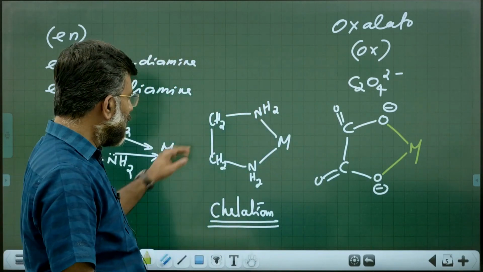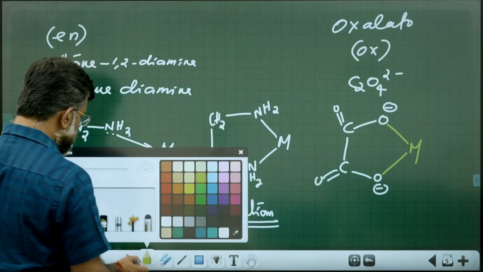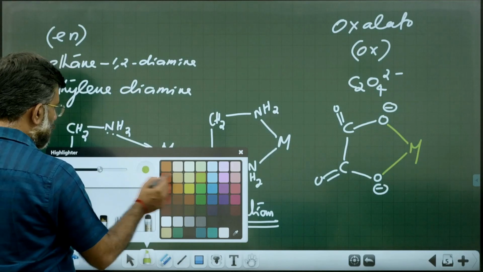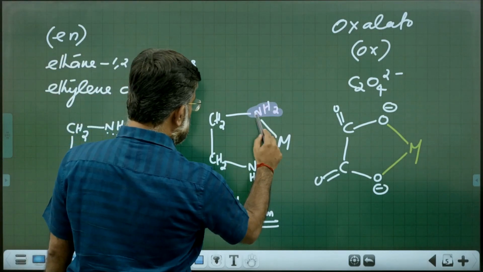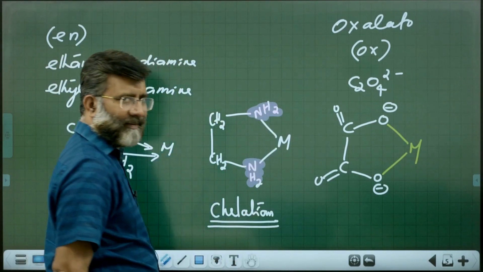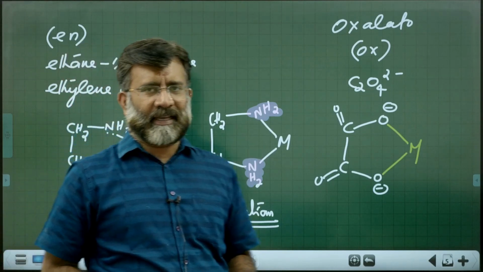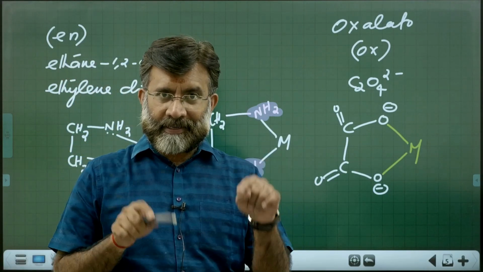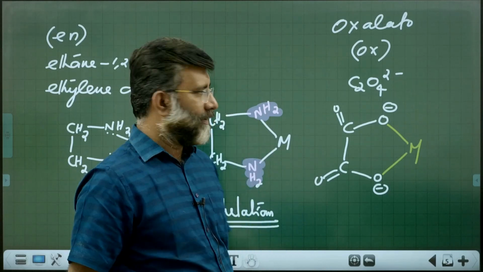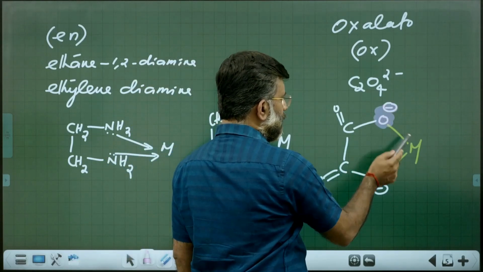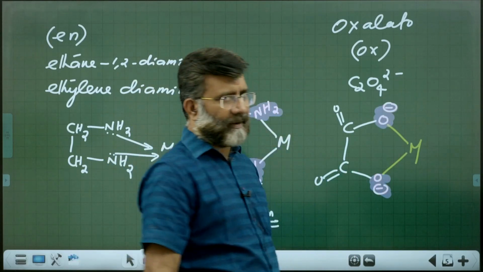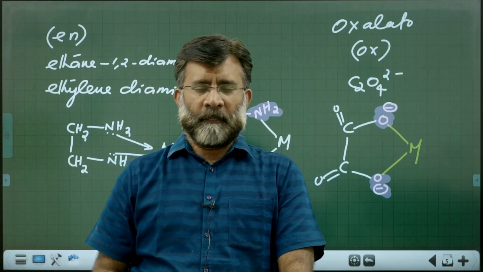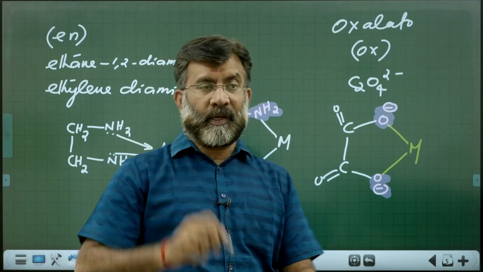So this is didentate. One donor here and one donor here. There are two donor atoms which can make a donation at a time. Here also it is didentate. Here one binding, here one binding. Didentate. So one connectivity, unidentate.